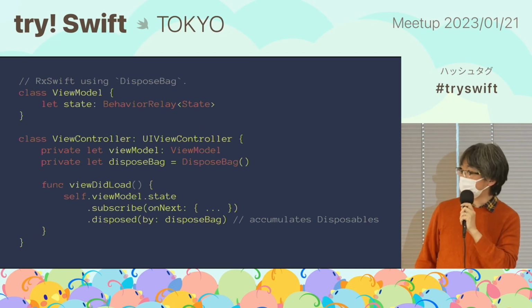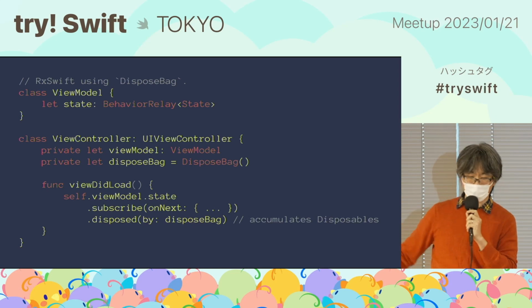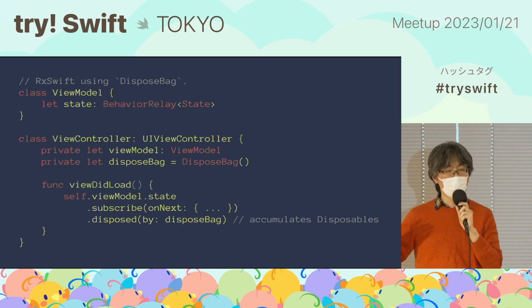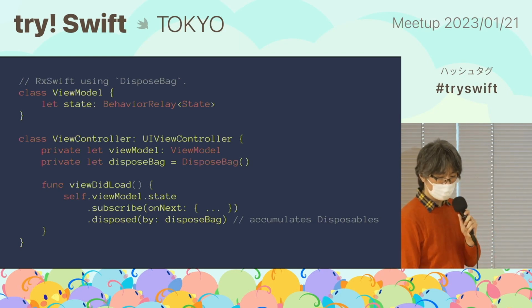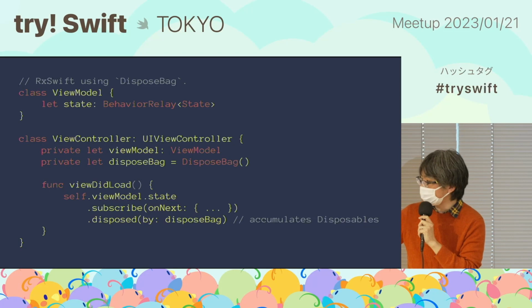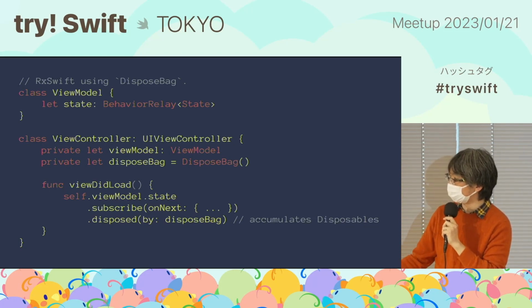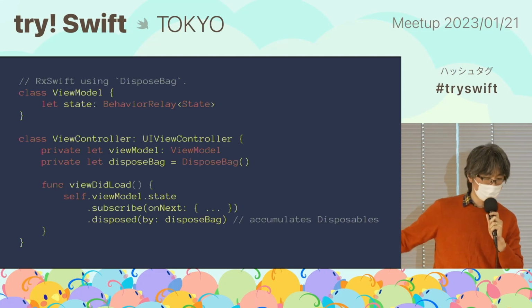To avoid this kind of problem, in Rx Swift we normally use a dispose bag, so that the dispose bag takes care of the dispose mechanism on deallocation. And you can store many disposables together, so you don't have to write a lot of let properties inside the view controller.